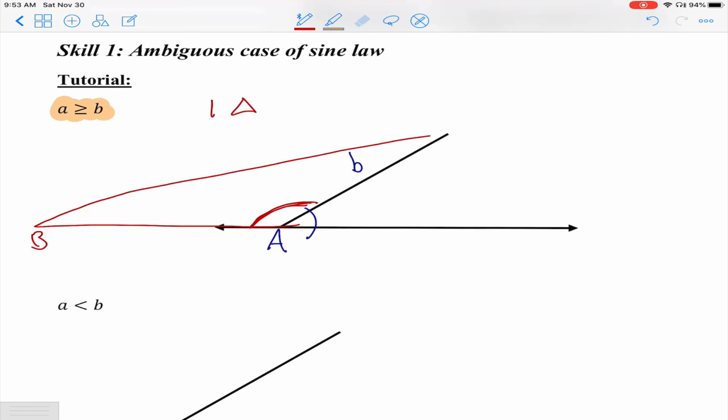Well, if that happens, then something funny happens actually. So let's say this is my A, and as you can see, the side B is longer than A. Visually, we cannot form a triangle. If an angle A is an obtuse angle, then the only option for you to have a triangle is where the opposite side of the given angle is greater than or equal to the other side. So that's the first umbrella case.